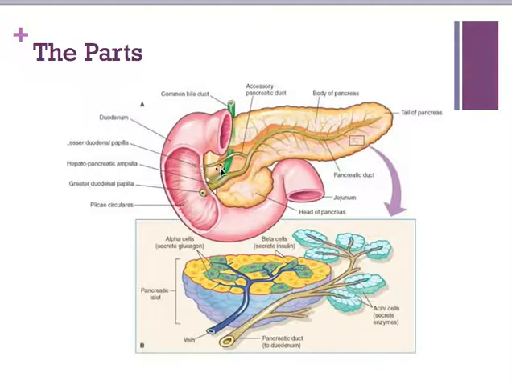Why that is important, for those of you who have listened to the other lectures, you would know that when there is damage to the pancreas, it's almost always in the head portion. And in cases where that occurs, of pancreatitis or pancreatic cancer or a stone impaction, what you see is that the common pancreatic duct becomes impeded.